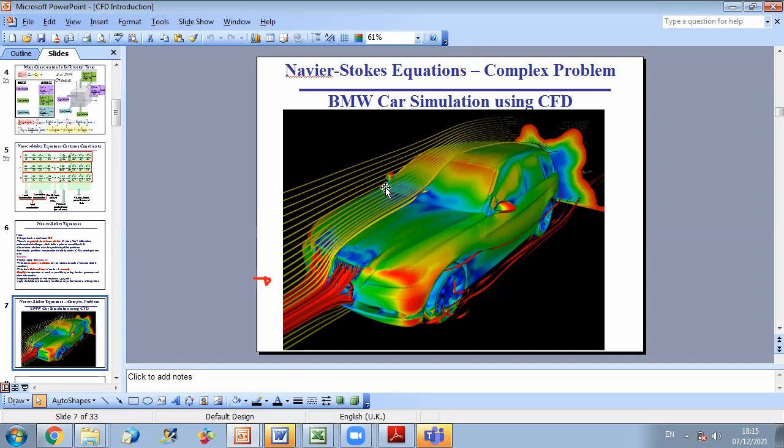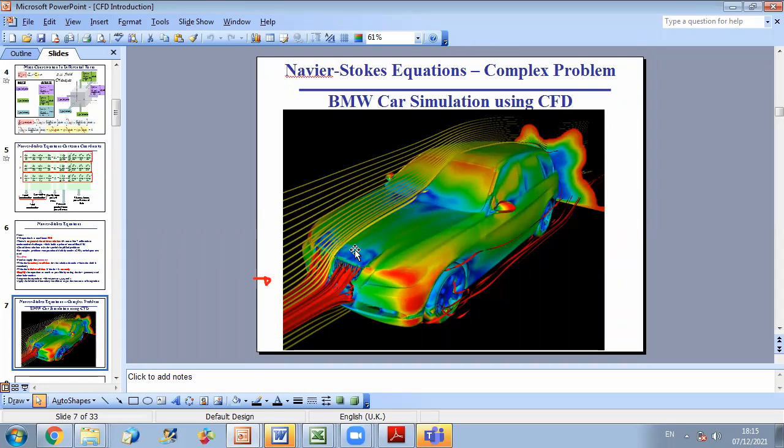So here you can just draw the geometry of your car, set the condition of the coming flow, and by using computational fluid dynamics you can obtain the profile of velocity, the profile of temperature, the profile of pressure around your car. This will allow you to know the constraints acting on your car, the maximum pressure is at which location.